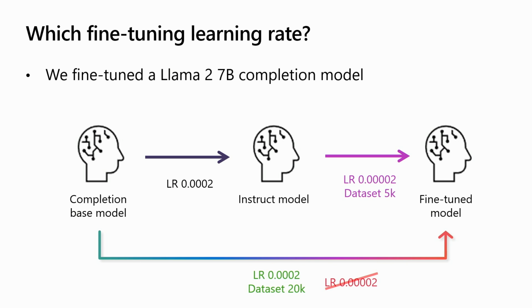If we had been fine-tuning an instruct model, we could have used a smaller learning rate, 10 times smaller, of 0.00002, and a data set of roughly 5,000 data points should have been enough. The reason why we didn't do that is because Azure AI doesn't yet allow to fine-tune an instruct model, but this is going to change very soon.